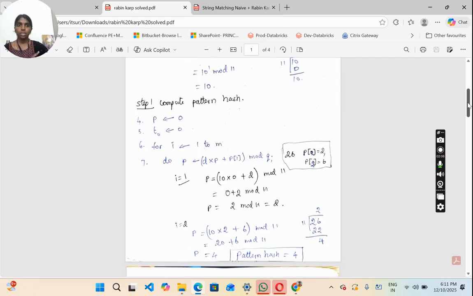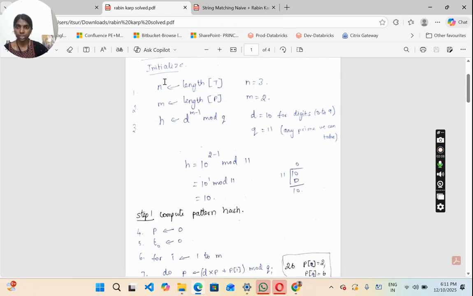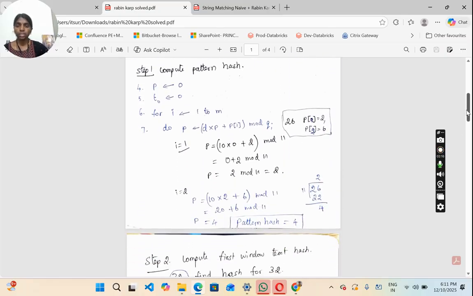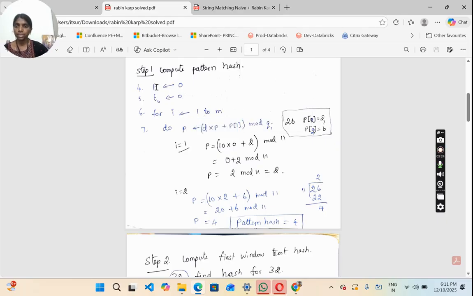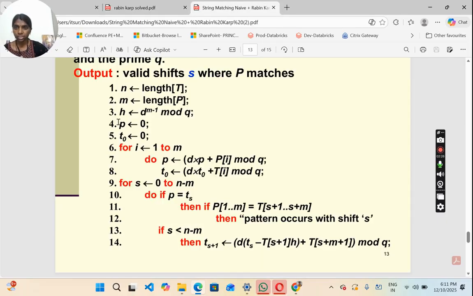So first in the Rabin-Karp, initialization we have done: n equal to length, m equal to length of the pattern, h equal to d power m minus 1 mod q. And then we need to compute the hash value for our pattern, which is 26. After initialization we have p equal to 0, t0 equal to 0.